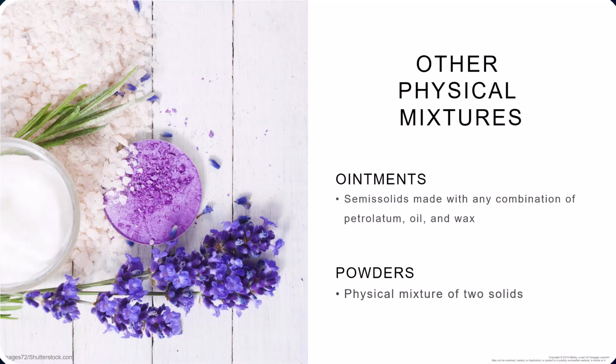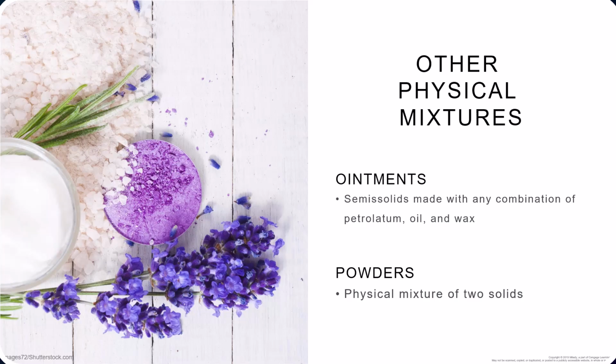Some other examples of physical mixtures would be ointments. Ointments, pastes, pomades, and waxes are semi-solid mixtures made up of any combination of petroleum or petroleum jelly, oil, and wax. Powders are also physical mixtures of one or more types of solids.